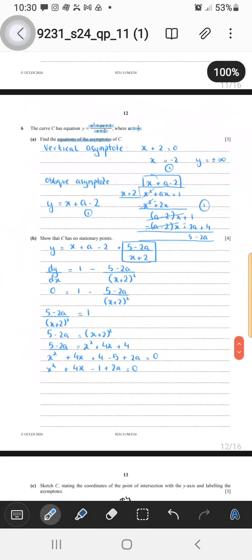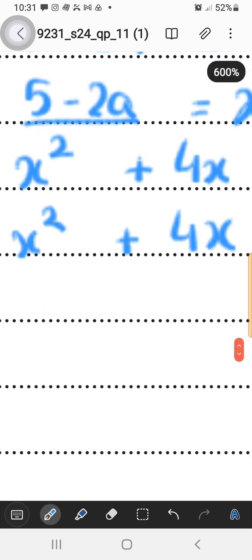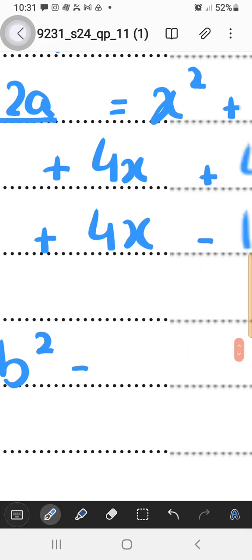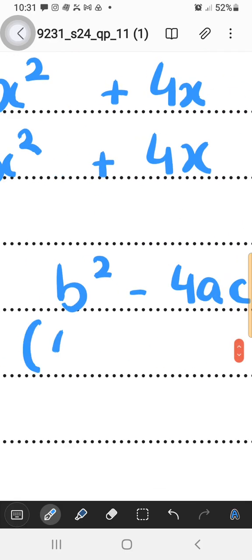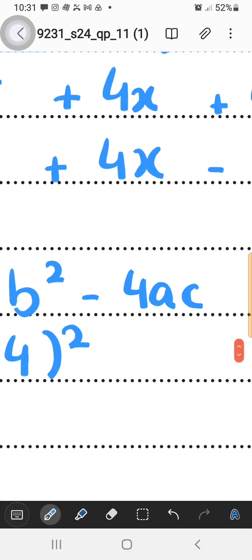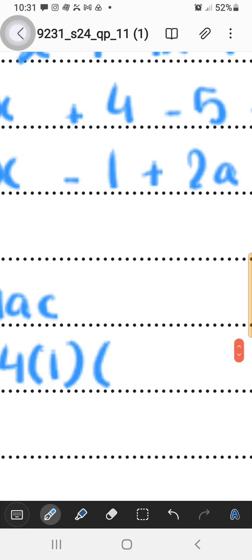Now I told you we will show there is no stationary points by using b square minus 4ac is less than 0. Okay, so b square minus 4ac, 4 square minus 4 times 1 times (minus 1 plus 2a).